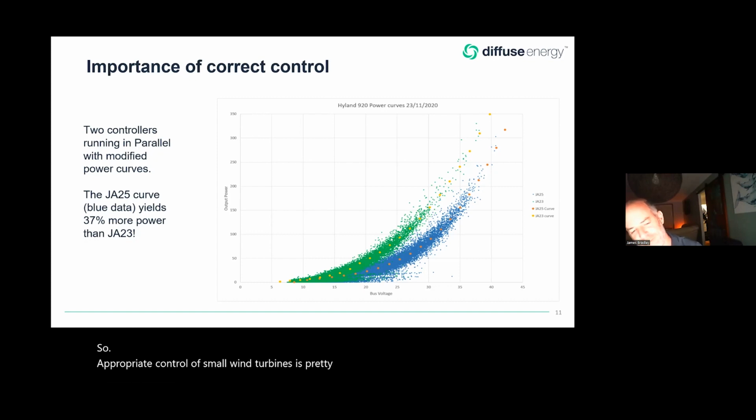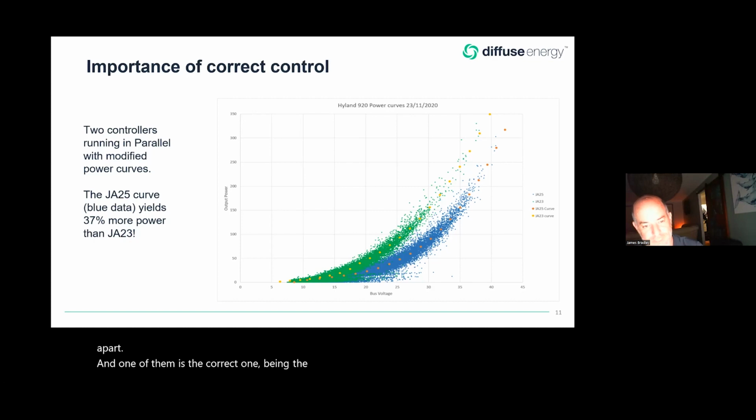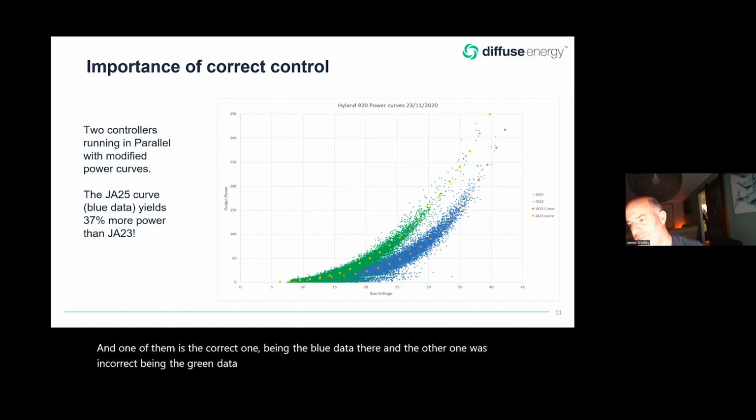This is from the early days. So this is 2 power curves. One of them, we basically had a calculation error in it when we were first doing some testing. But you can see these 2 power curves aren't a mile apart. One of them is the correct one, being the blue data there. The other one was incorrect, being the green data. These are 2 turbines that are co-located on a site.